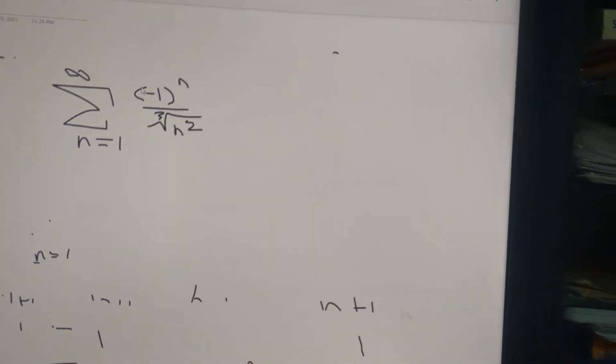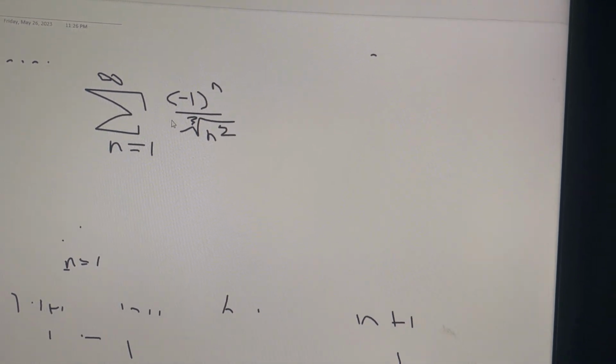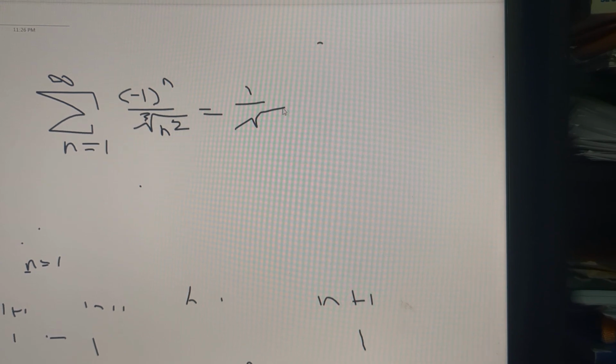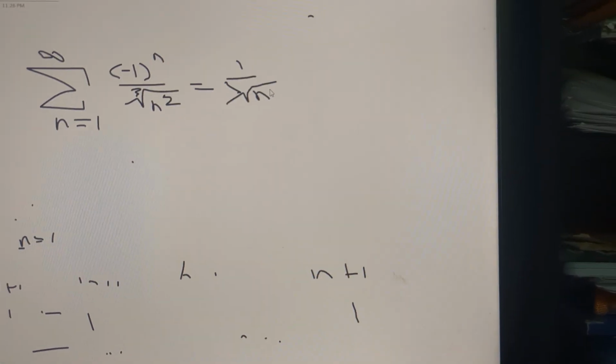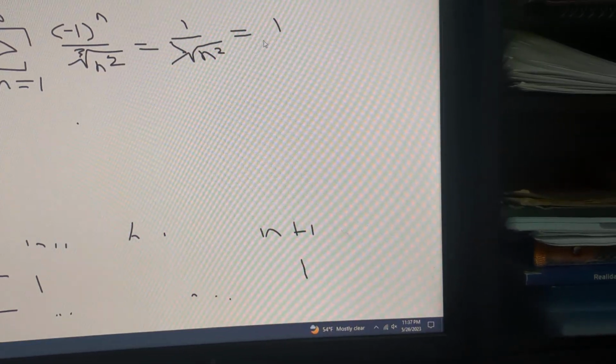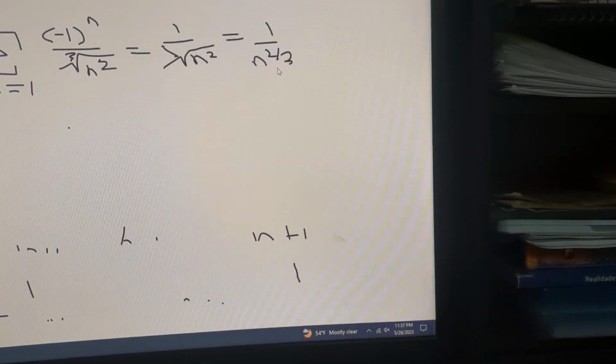All right. So again, we can use other methods, other tests to be able to break down this series. As we all know, this series is very similar by the direct comparison test to 1 over the cube root of n squared, which we can also make into 1 over n to the power of 2/3.